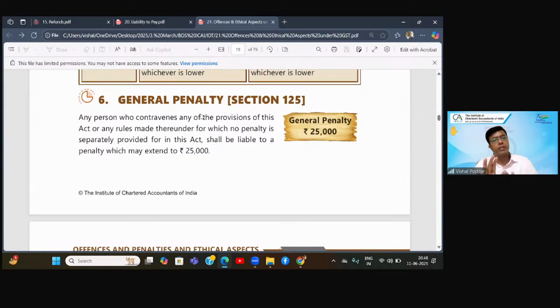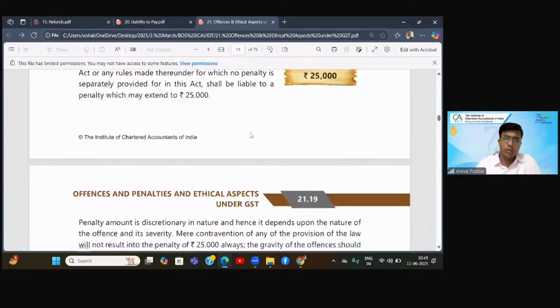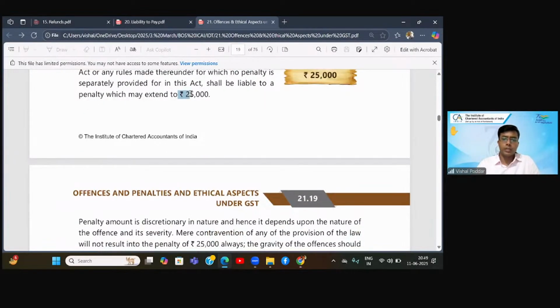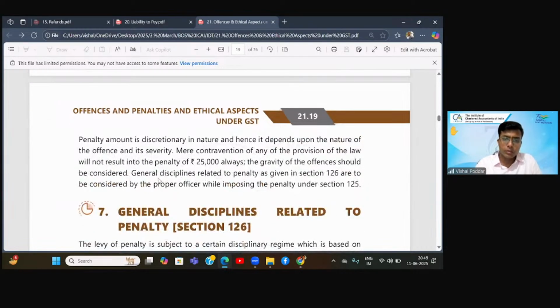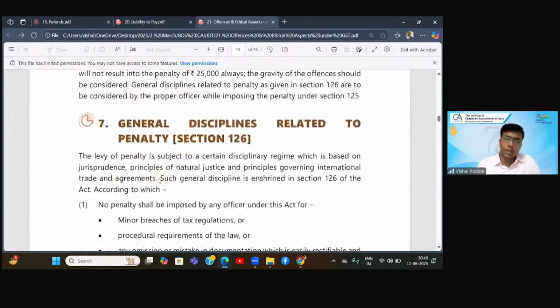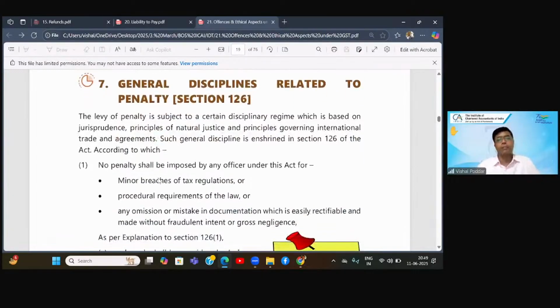So anything which is given in the act or the rules, you do not follow. Something is asked to do, you don't do, or what is not asked to do, you do it. That is contravention, and for which no penalty is given above. So whatever sections we studied, the penalty was not covered in those. Then there will be a general penalty of 25,000. Again, this 25,000 is under each act, so it will be 50,000.